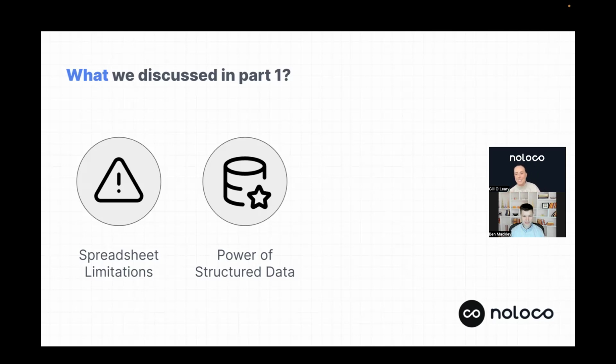So we dived into some of the drawbacks of that, but more importantly, we gave a really great tutorial on how you can move from the world of spreadsheets into a structured database world. We had a real example where we had data in a spreadsheet, we learned about normalizing data, and then, of course, how you would build that replica into a Noloco database.